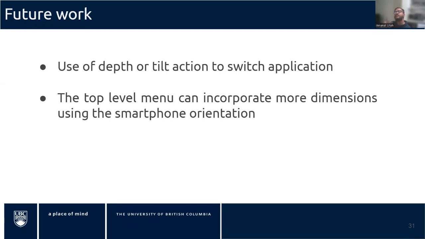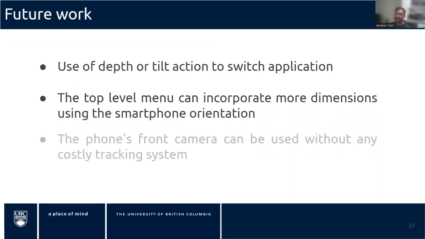They could have gone inside the z-axis using some kind of gesture, and that could be worked upon because that's a limitation. And one other thing I could suggest is using the front camera to track the HMD and then select the item. So that won't require the OptiTrack system that they used.